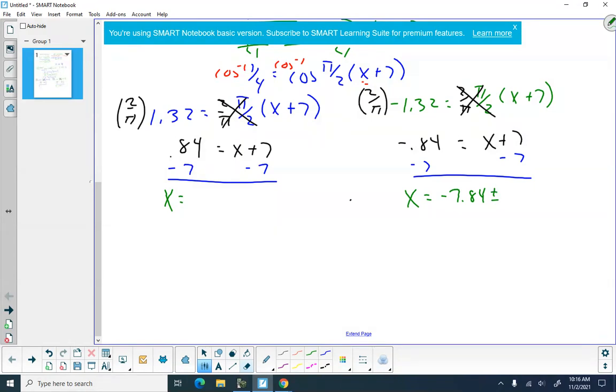So over there we have negative 7.84 plus or minus period n. Here we have negative 6.16 plus or minus period n.